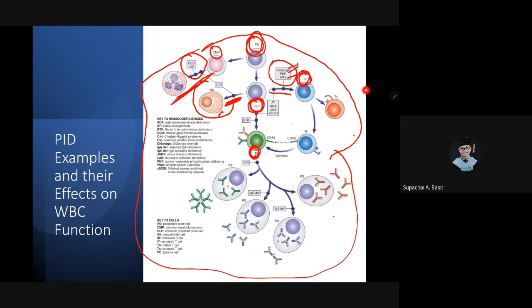These are the possible combined immunodeficiencies, meaning you have problems with both T cells and B cells.